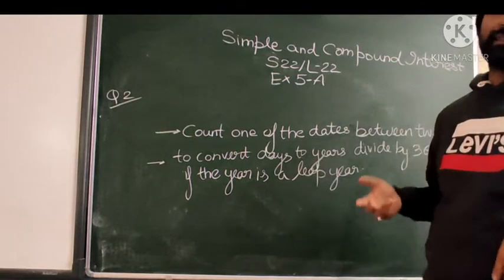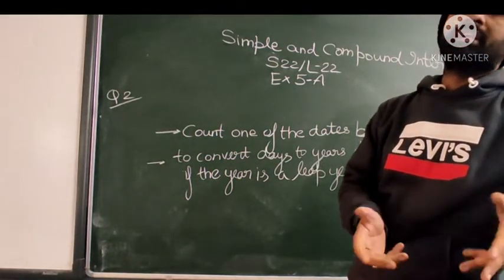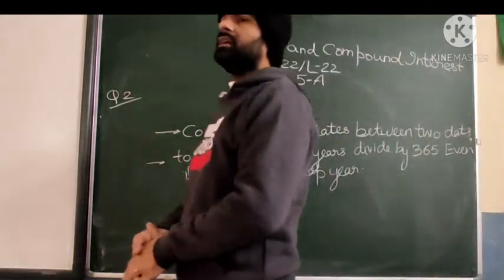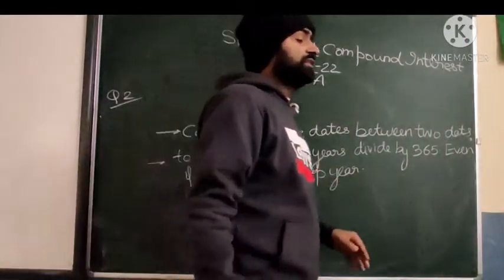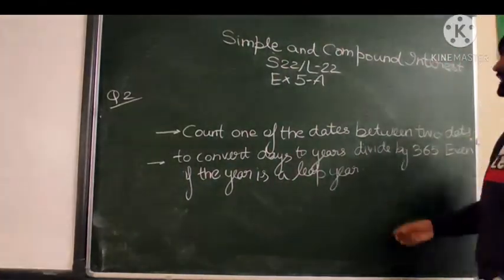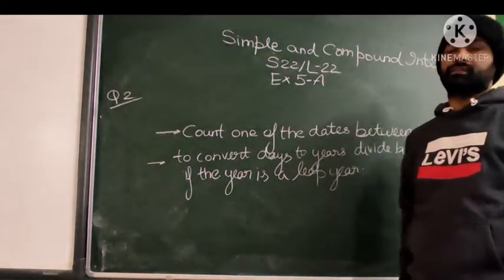A simple interest question is very simple, like P into R into T by 100. But when we calculate the time period between two given dates, we need to be very cautious, and these two points have to be kept in mind always.